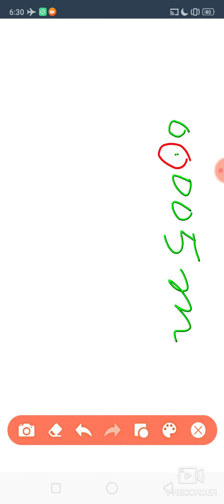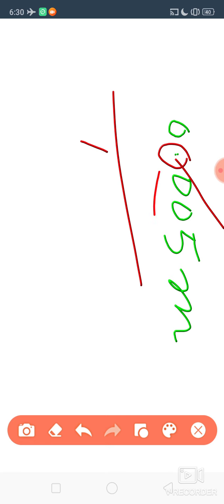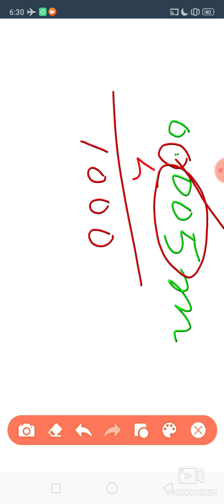To remove the decimal, as you must have studied in class 5, we write 1 in the denominator with as many zeros as there are digits after the decimal. There are 3 digits, so we write 1000. So it becomes 5 by 1000 meter.